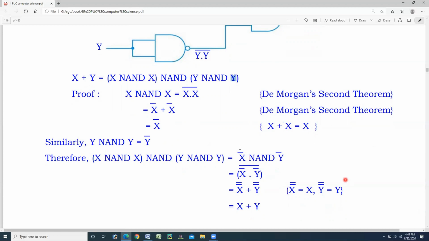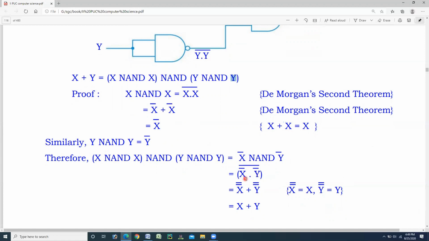Then the expression becomes (X NAND X) NAND (Y NAND Y), which is X complement NAND Y complement. If you perform the NAND operation, that becomes (X complement dot Y complement) whole complement.